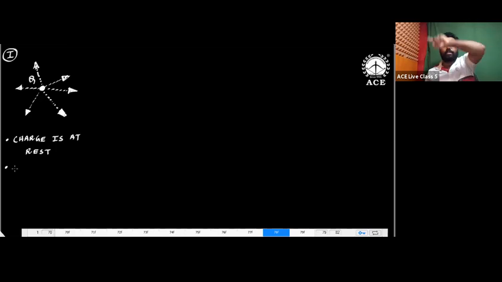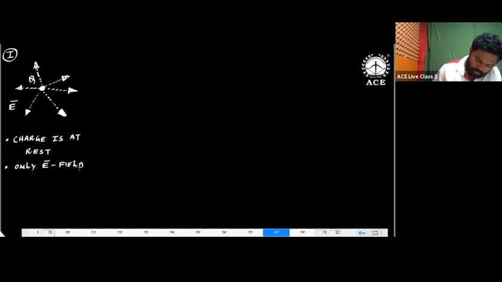What kind of field exists around this one? There exists what is called an electric field. Only E field exists. Number 3. Do you apply any supply? No. There is no supply here.